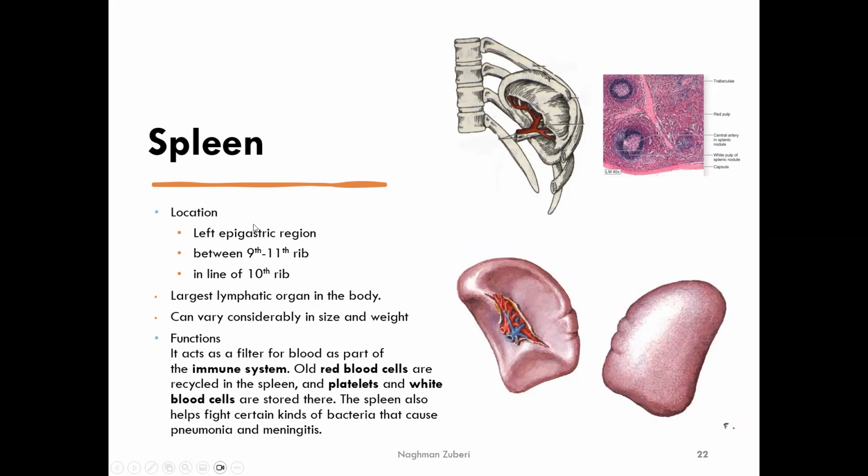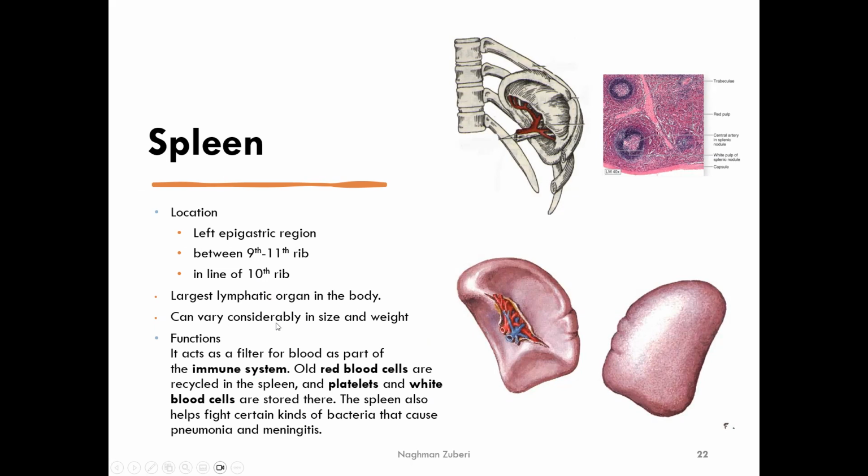Spleen. It is located in the left epigastric region between the 9th and 11th rib, in the line of the 10th rib. It is the largest lymphatic organ in the body. Usually the question comes: which is the largest lymphatic organ in the body? It is the spleen.